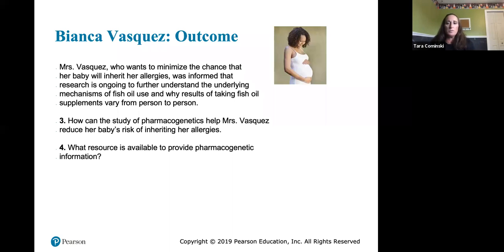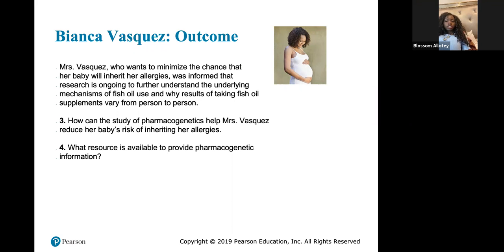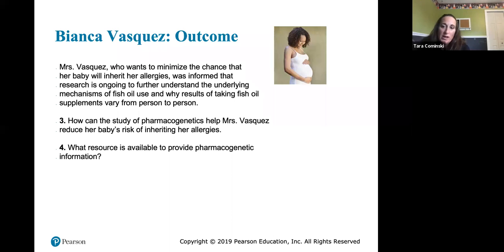What else? What are some other things that you guys wrote down? She could visit a pharmacologist who specializes in this area, and then from there she can receive testing to see how it affects her. How she might respond, right? Yeah. And so that's the idea, right?